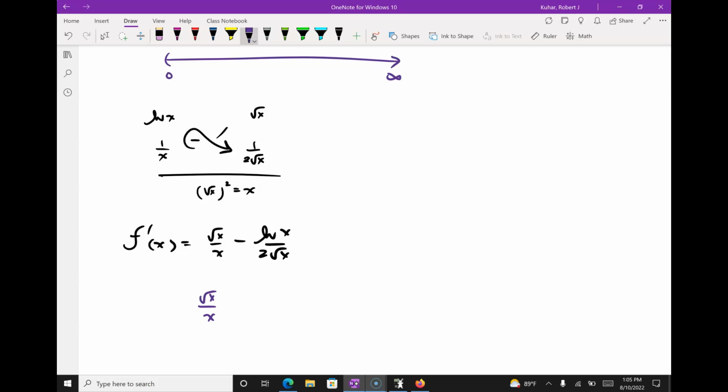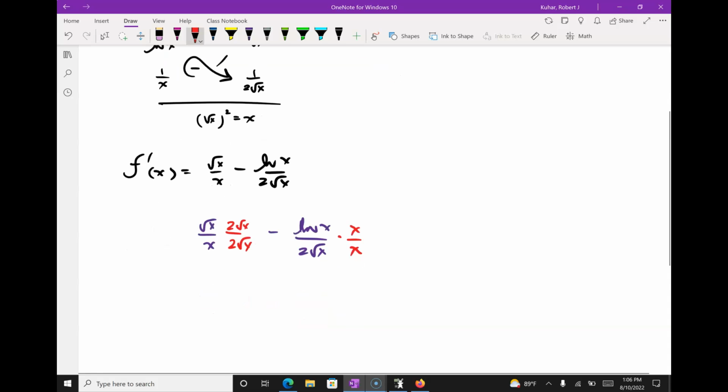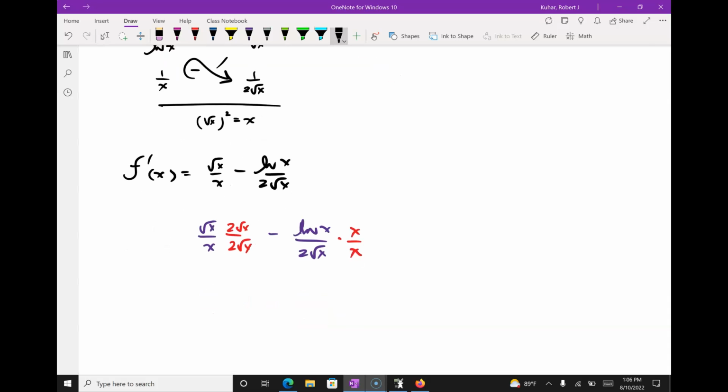So I'm missing a 2 square root of x here, right? And on the other one, I'm just missing an x, right? Yes, you with me? Nice. So my derivative now looking a little bit better. Sorry, I don't want to cancel anything. Downstairs, I definitely have 2x square root of x.